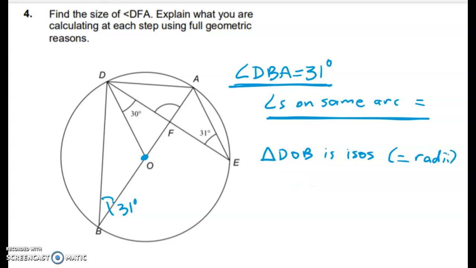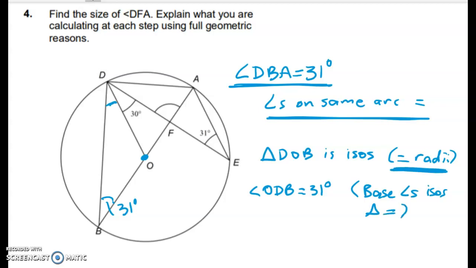And that tells me that angle ODB, this one here, must equal 31 degrees, because the base angles in an isosceles triangle are equal. Right, I've already said up here that we've got equal radii. So this one is 31 degrees.